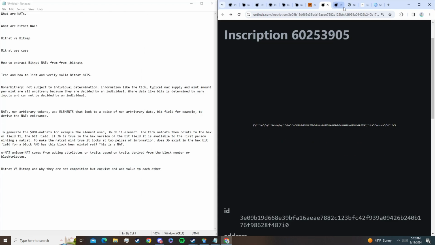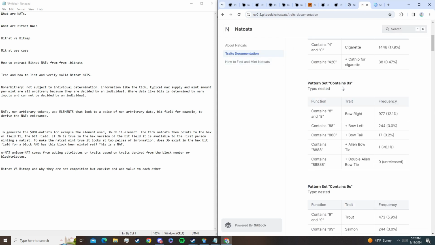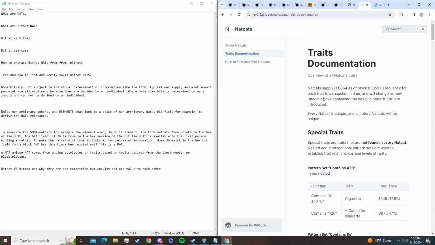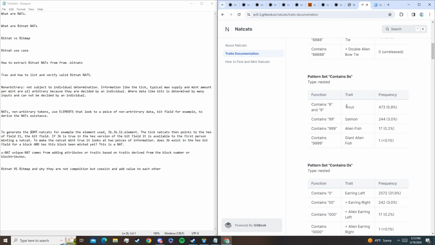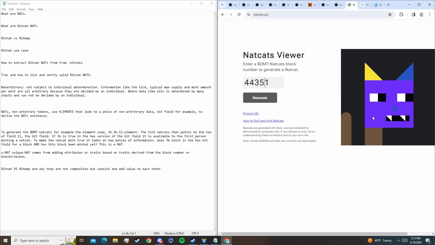What makes it unique is that the NatCat developer created attributes based on block numbers. So based on this first number, the second number, third, fourth, fifth, and combinations, you could look on project info and in traits documentation, and they break down exactly where these traits come from. They come from the block number, and these different combinations of patterns are what gives these different traits to the NatCat.